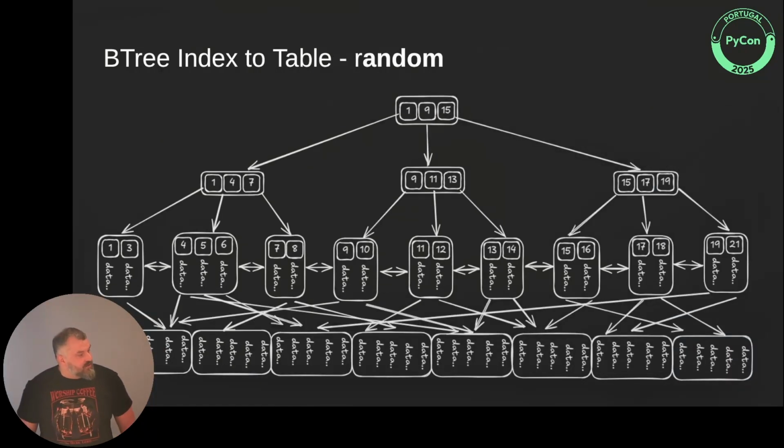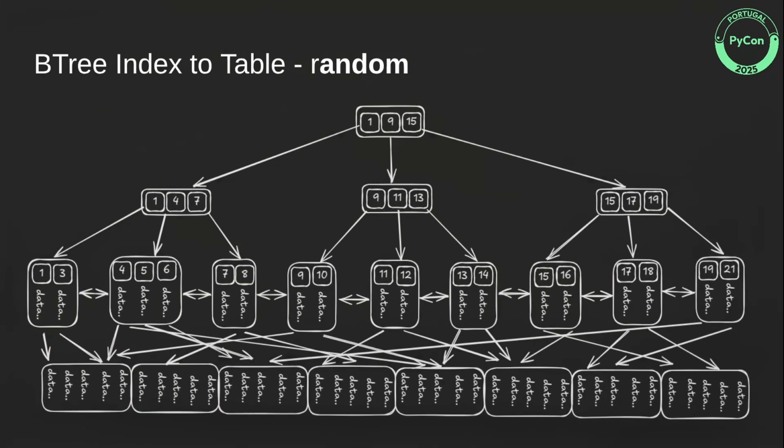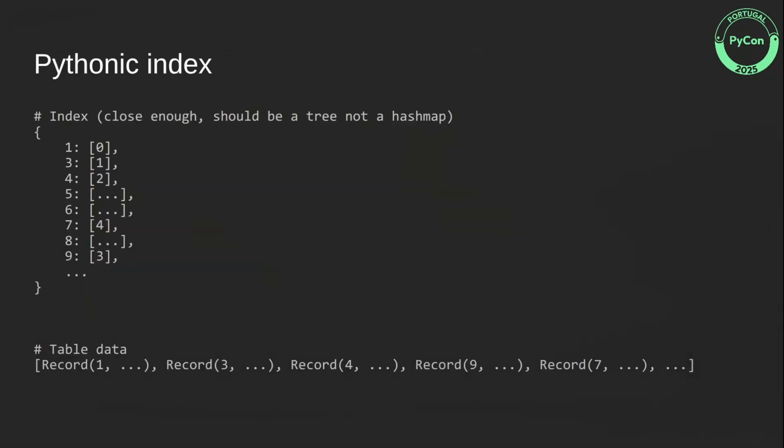But in practice, it looks more like this, especially in Postgres, where the data is appended and reshuffled during the vacuum. So it's complete randomness, and these pointers are all across the data. Just to give you an idea, if we would try to model this in Python, we would have a dictionary for an index.